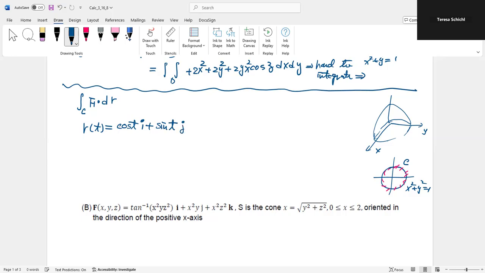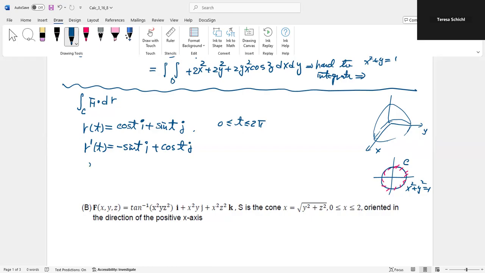And now my t is from 0 to 2 pi. Then my r prime will be negative sine t i plus cosine t j.